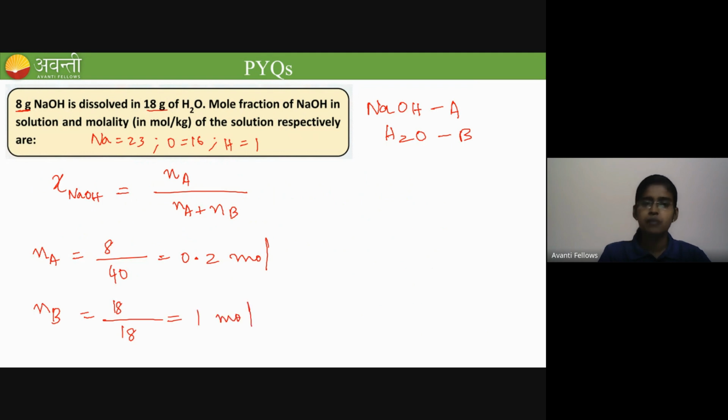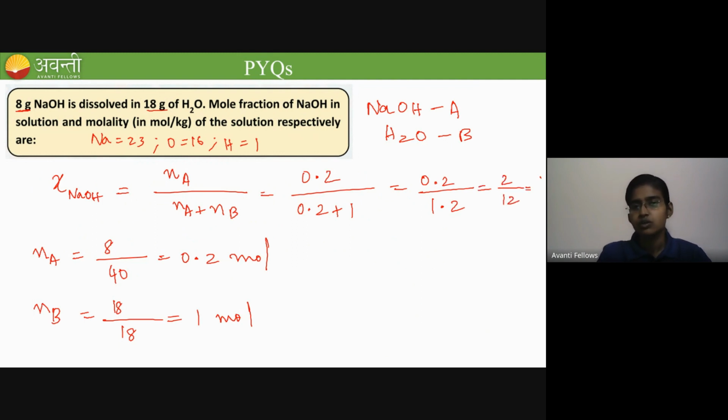So here are the numbers of moles. We can substitute here. So Na is 0.2 and Na plus Nb is 0.2 plus 1. Okay. So 0.2 divided by 1.2 we will get. So we will get 2 by 12, which is again equal to 1 by 6. So this is the mole fraction of NaOH.